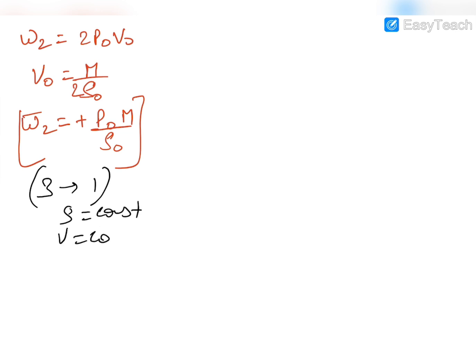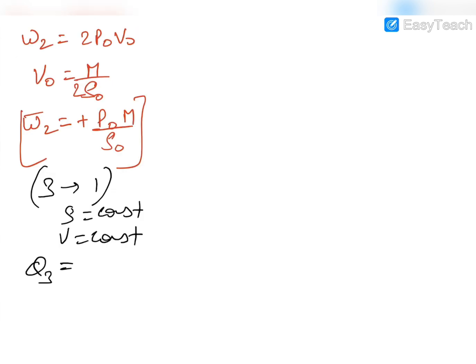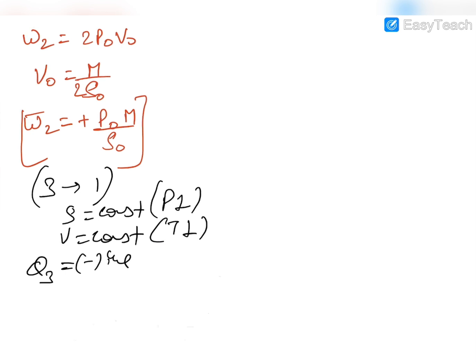So in the isochoric process, heat rejected by the gas, Q3, will be negative, because volume is constant and pressure is decreasing, so temperature will be decreasing. Work done will be 0, so Q3 will be equal to delta U.